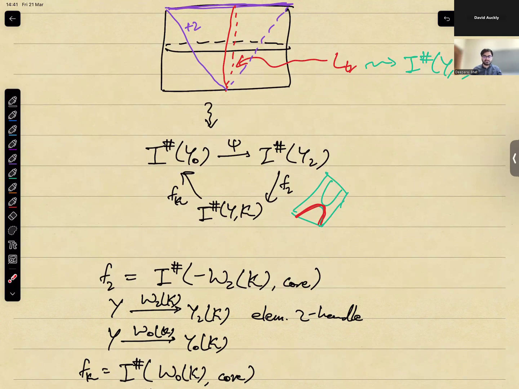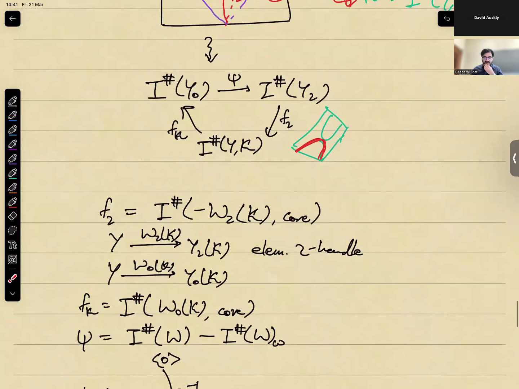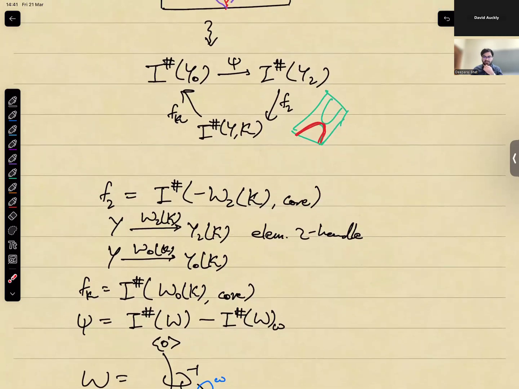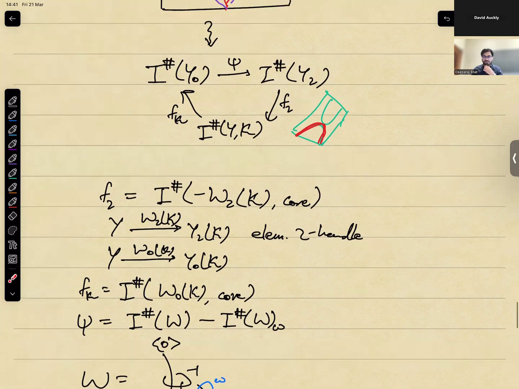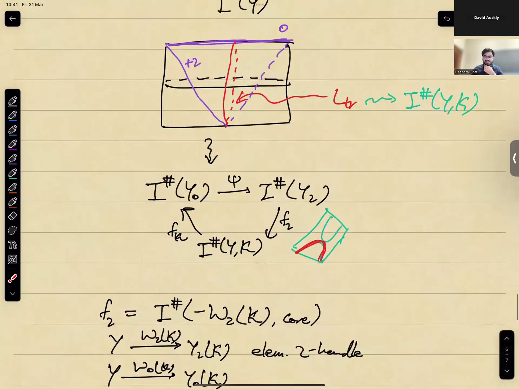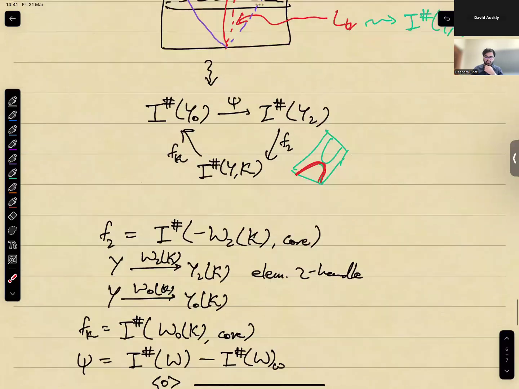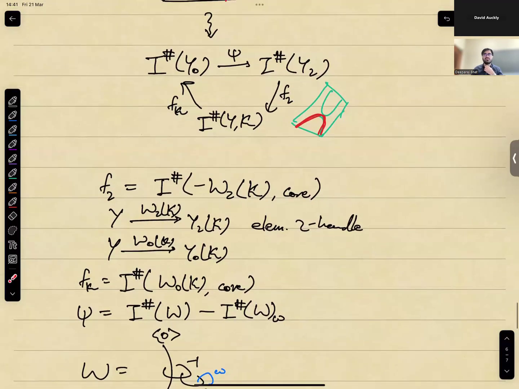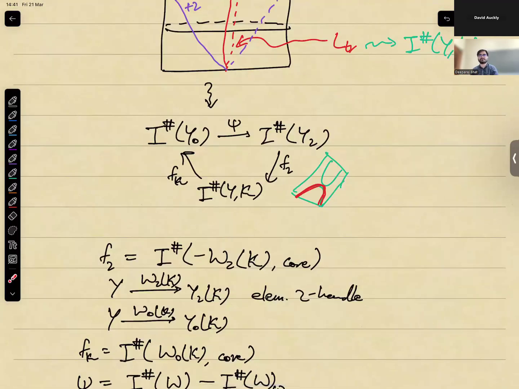But there's another triangle detection lemma due to Francesco Lin, and we can use that to get an upgraded version of this with some local coefficients as well. But this heuristic is very central in trying to figure out what maps fit in this triangle and what the triangle must be.